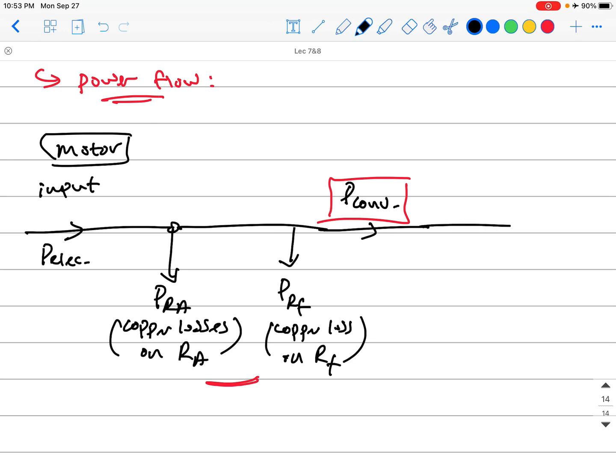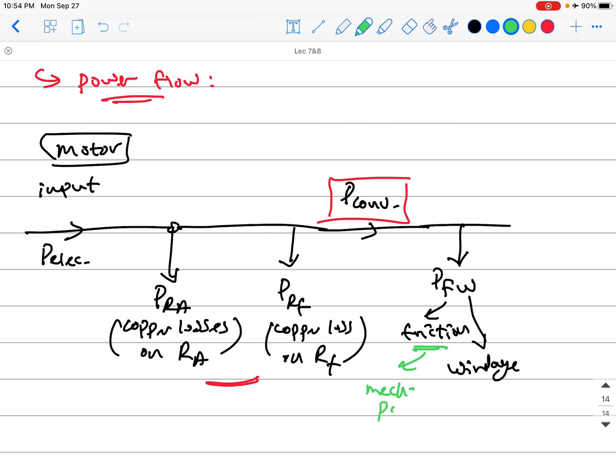So this converted energy, the mechanical energy on the shaft, no, actually you will also lose some of it, as we call PFW. F means friction, and W means windage, okay? The friction means you lose some of the mechanical energy by friction with the mechanical parts of the machine, because the mechanical parts have friction together while rotating, yeah?